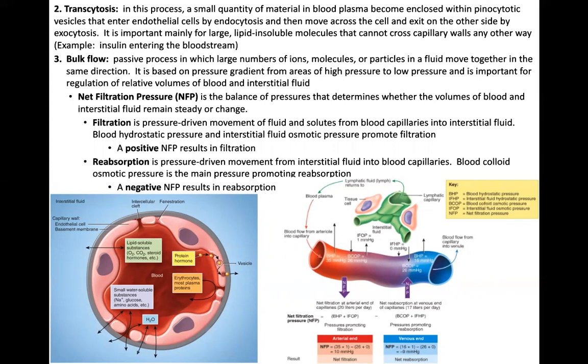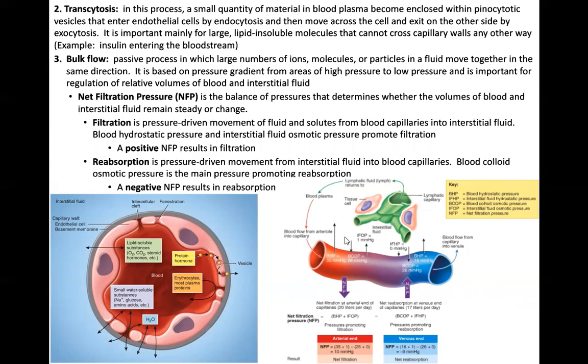Okay. It all relates to 4 major pressures that can be put together in a calculation that comes out as what we call net filtration pressure. It's a balance of these different pressures. Some of them we can see represented with the arrows pointing into the blood.